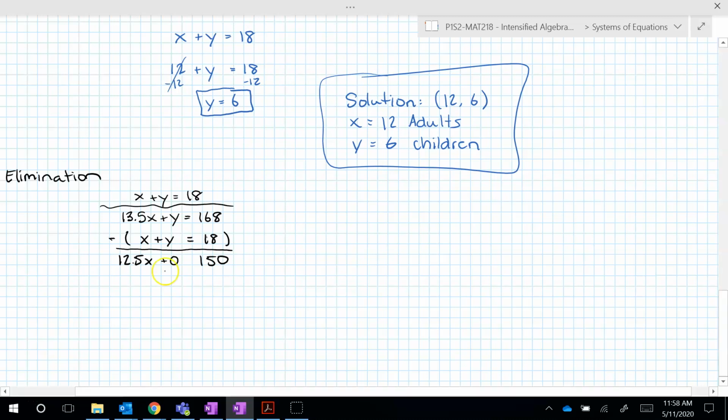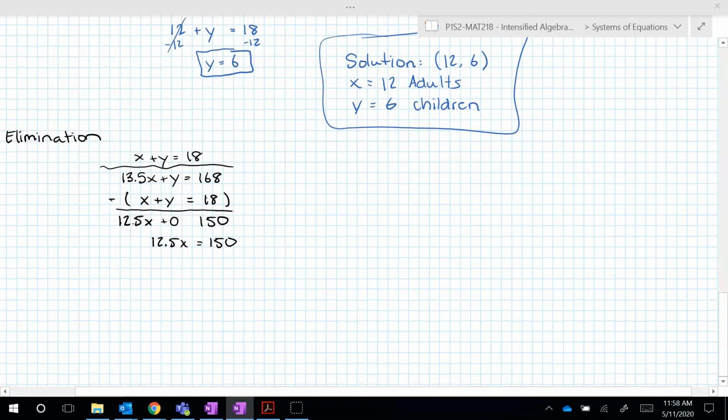So I just end up with 12.5x equals 150 by subtracting this top equation from the bottom one. Now I can solve. I have 12.5 times x equals 150, so let's divide both sides by 12.5, because that's going to cancel the 12.5s here, and I have x equals 150 divided by 12.5, which is 12.